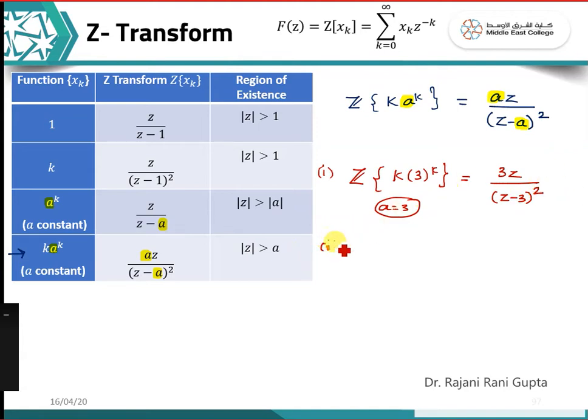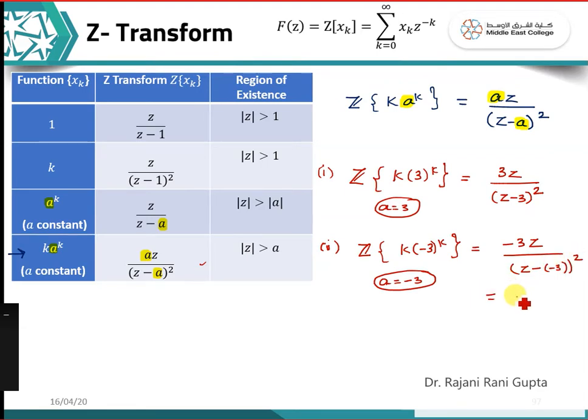Second thing, I can say the z transform of k times minus 3 to the power k. So now again you have to use this rule. In place of plus 3, here you have a as minus 3. So it will give you minus 3z over (z minus of minus 3) squared. So you can write minus 3z over (z plus 3) to the power 2.